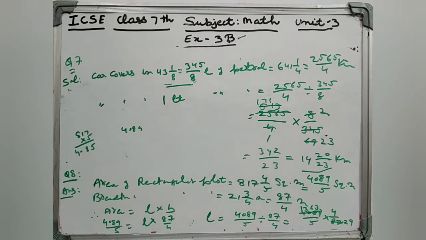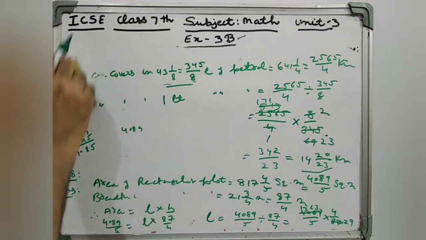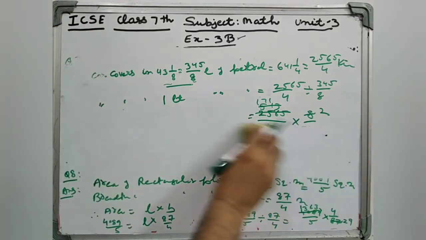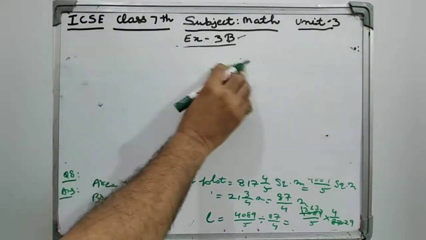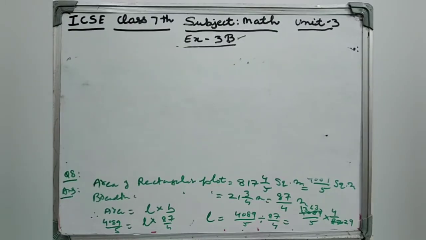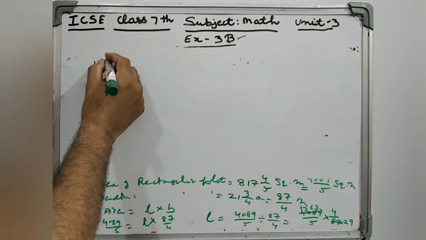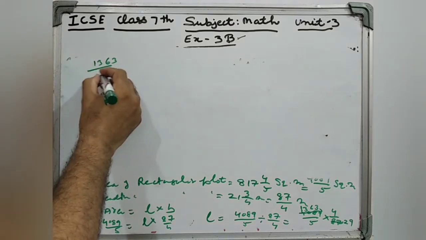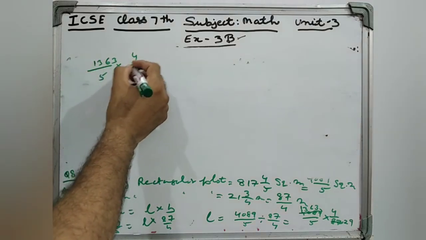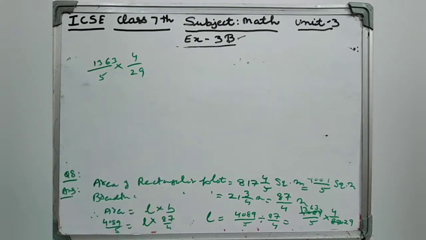Now it will go no more. We can rub it here and write the remaining portion above. Now the equation is 1363 upon 5 multiplied by 4 upon 29.